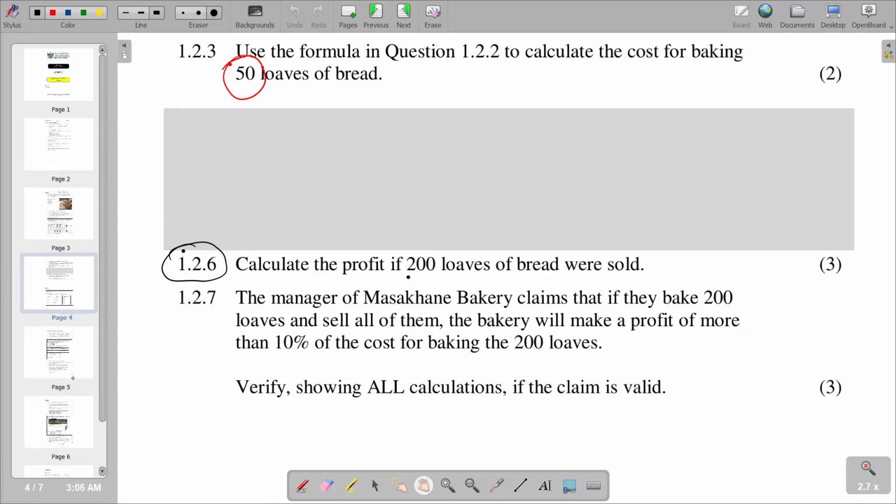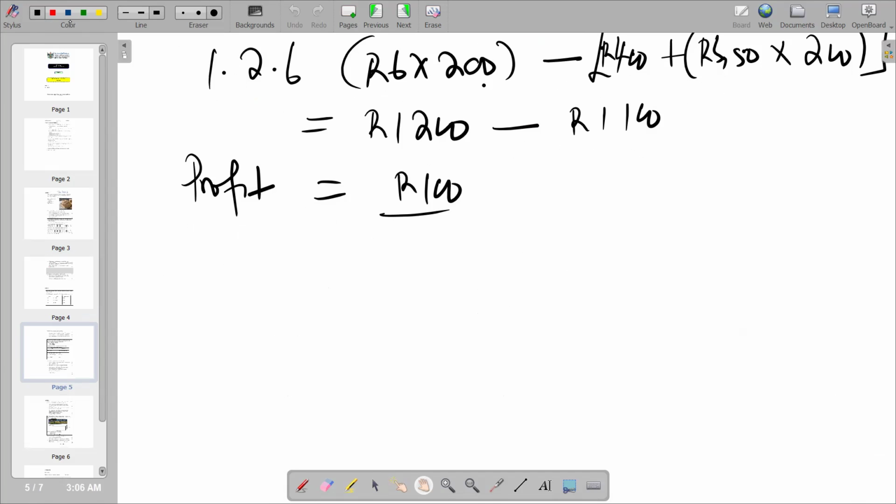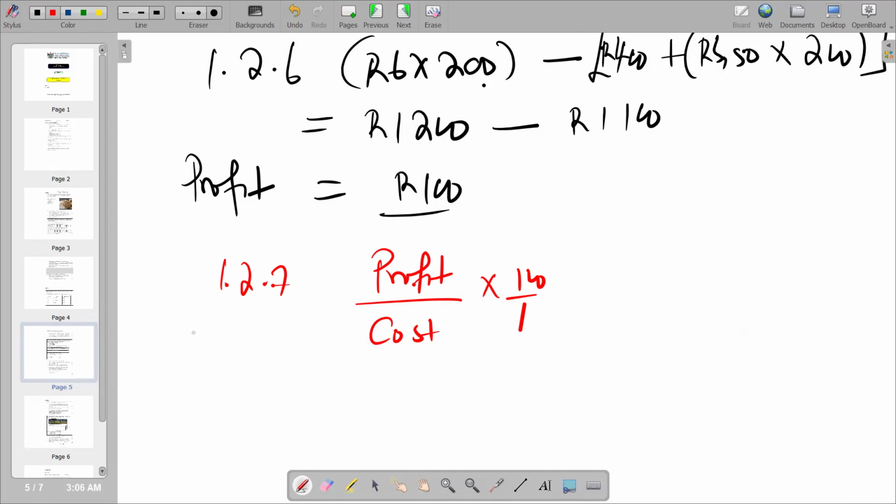So basically on our calculation, what we are supposed to do, this is now our 1.2.7. We are supposed to say profit over the cost, then multiplied by 100 over 1 according to our information, of which our profit, we got it as 100, divided by the costs.